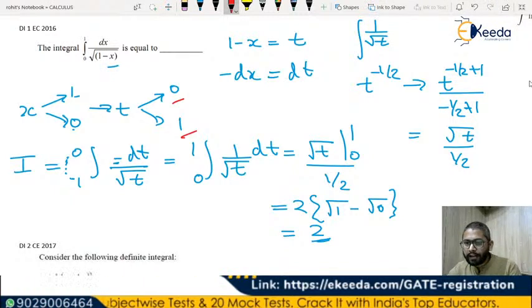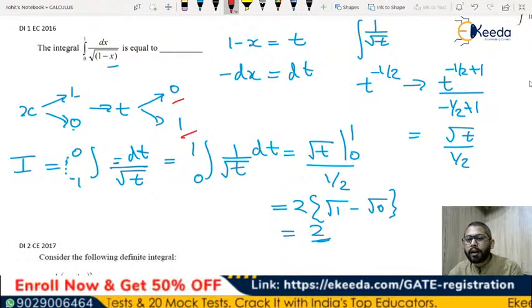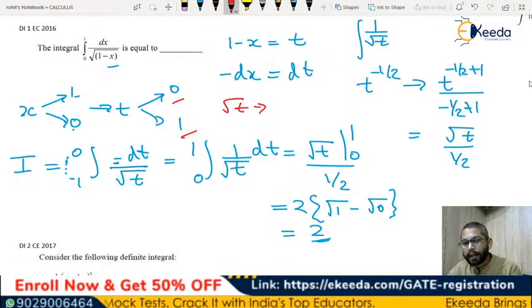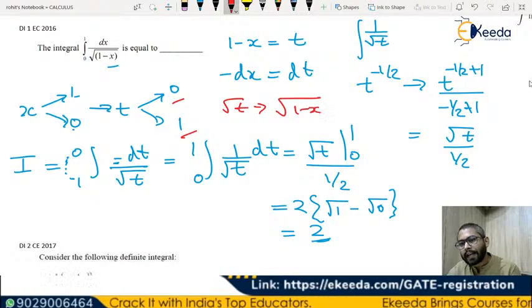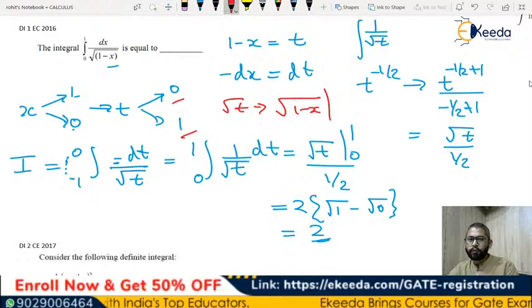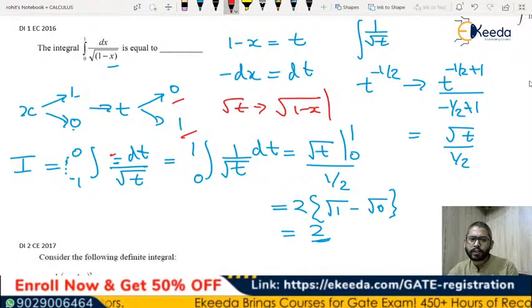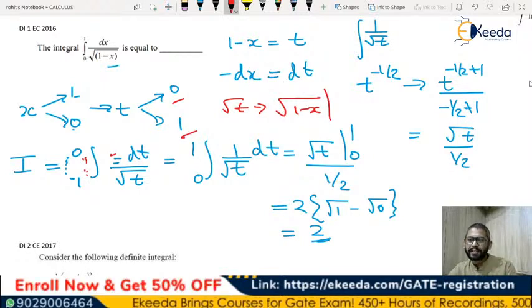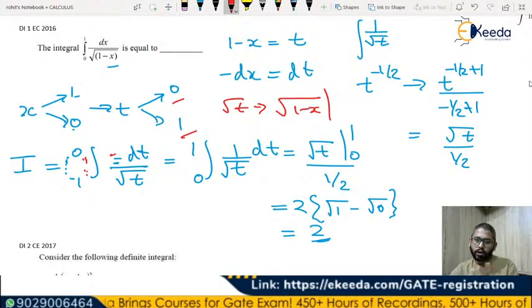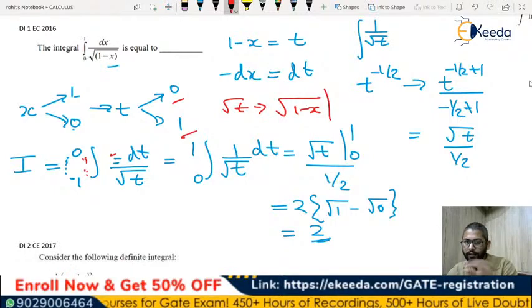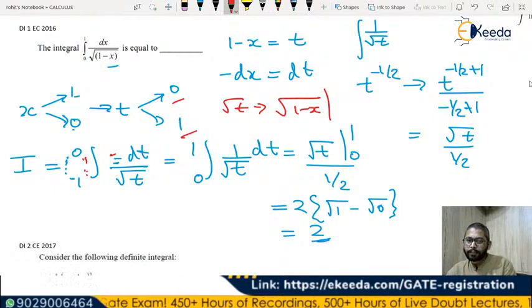So if we have under root of t, instead of this you again write it back as 1 minus x and take the limits. So I won't put the limits directly here because I have changed some of the integration properties, like this minus was taken and the interchange was done. So I'm not doing it here, otherwise it will be wrong. My point is, I have already done something else in between.